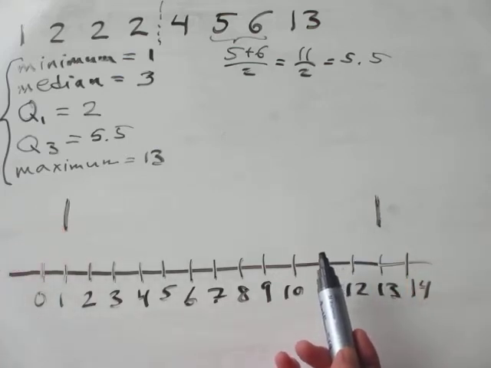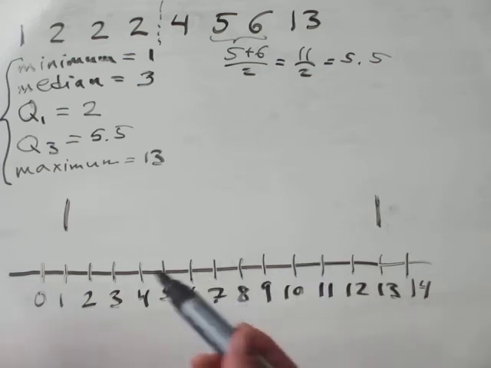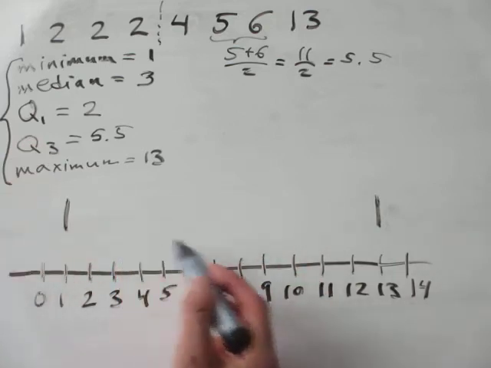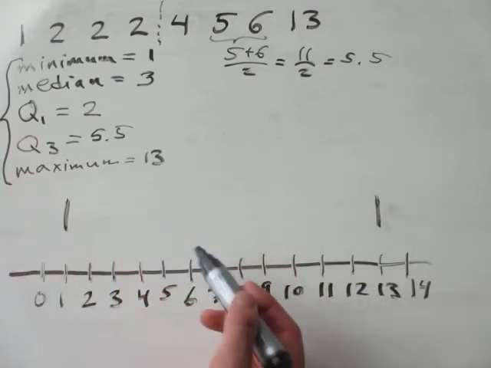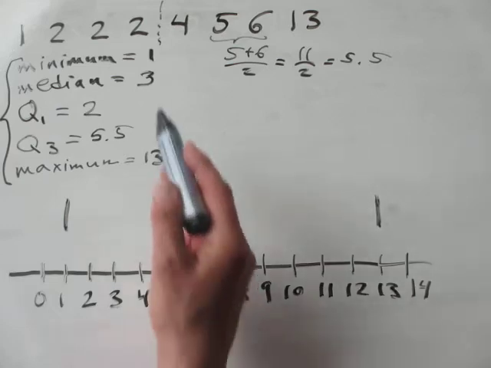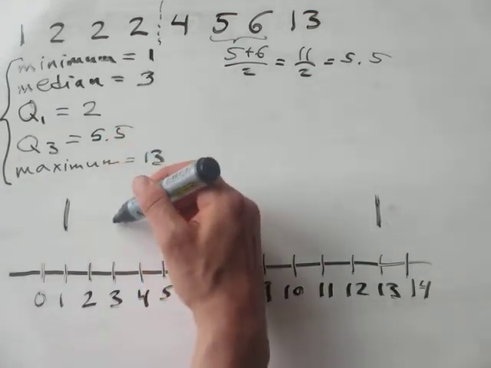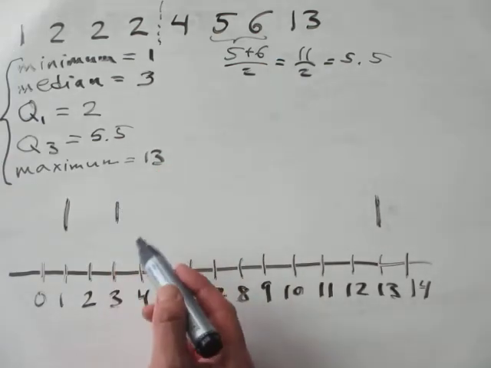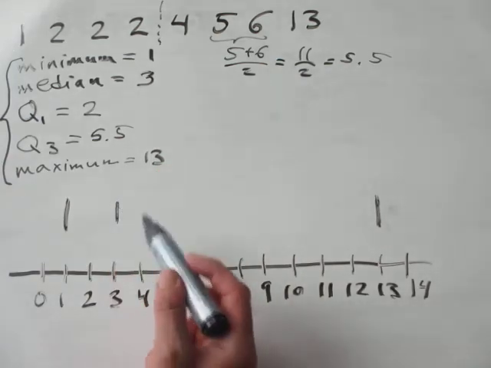And then a box and whisker plot will consist of a box, and inside this box we want 50% of our data points. The median was 3. So I draw another line here. This will be the line in the box.